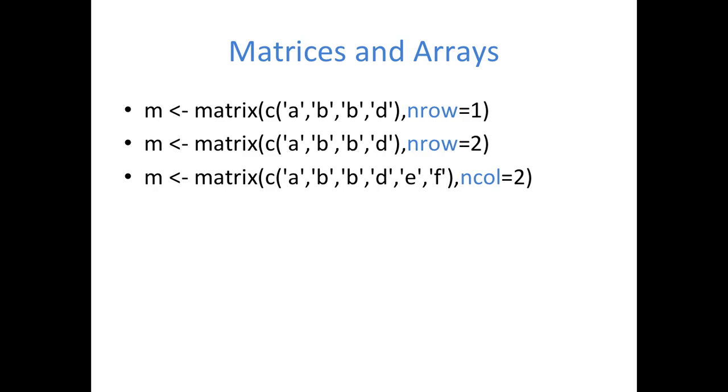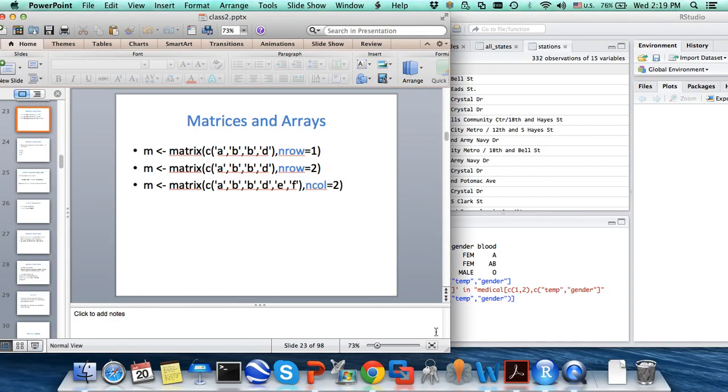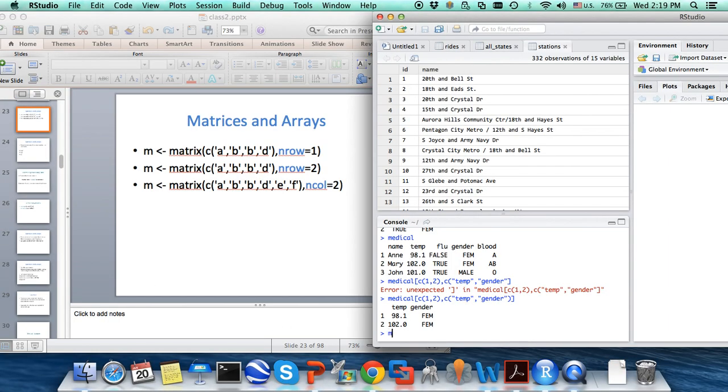For example, the first command, we're just saying I want to create a matrix that has these 4 values, A, B, C, D, in just one row. The second command is going to have the same values in 2 rows. So basically we are saying not only the values that we want there, but also how we want them distributed. So we are creating a matrix that's going to have the following values: A, B, let's change it, C and D. And then I'm saying I want these values to be just in one row.